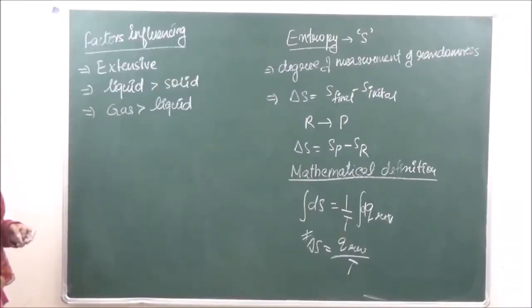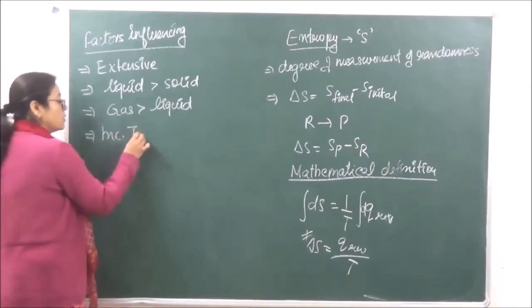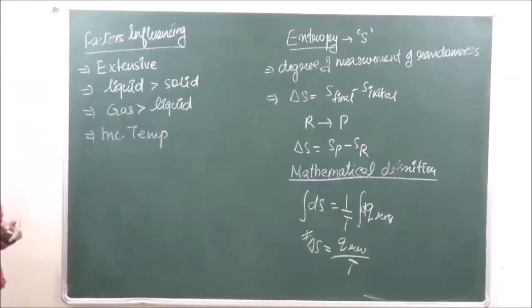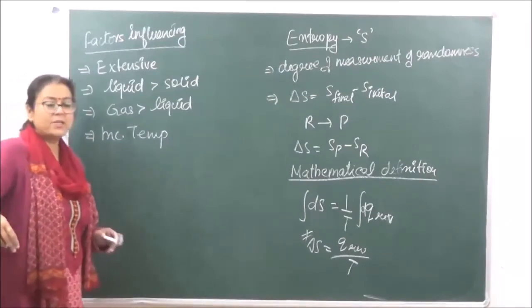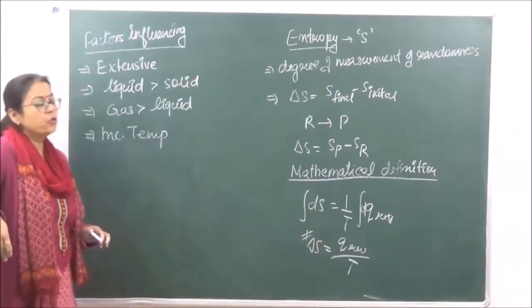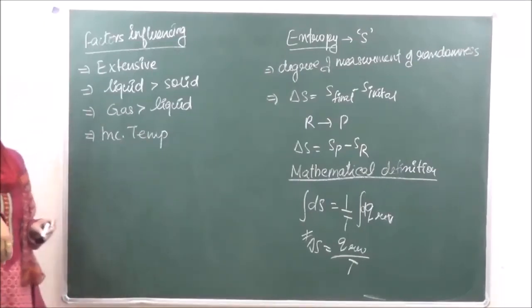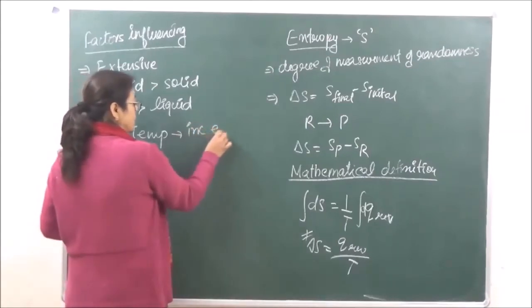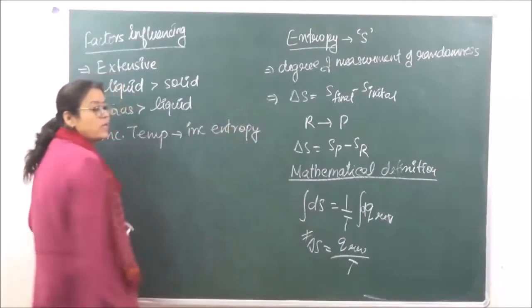Now, whenever we are increasing temperature, it is going to increase the kinetic energy of the molecules. The molecules will start moving more randomly. Therefore, an increase in temperature is going to increase entropy.